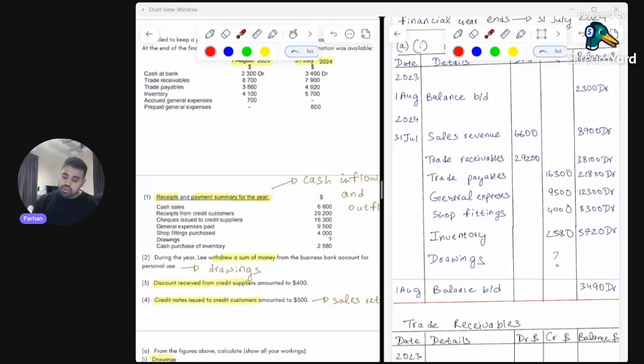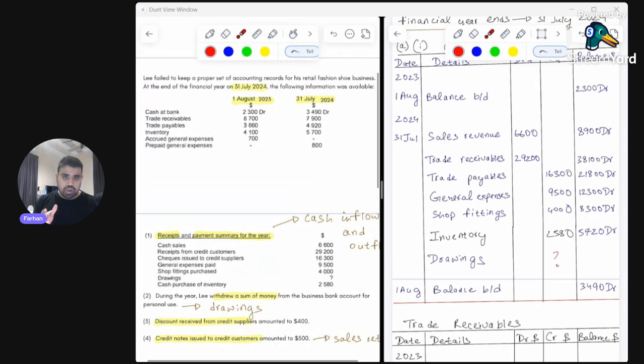So if you look into the ending balance for the cash at bank account, which is at 31 July 2024, the ending balance is $3,490 debit. So we understand the ending balance represents a current asset, which also means that we had $3,490 left in our bank account after all the events have taken place.